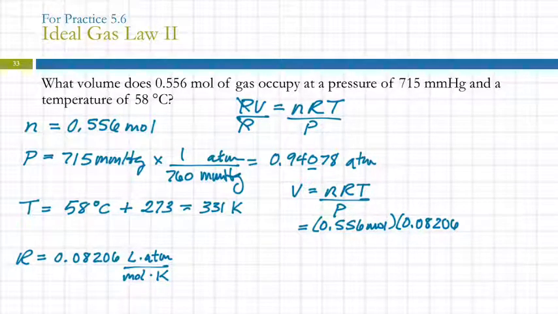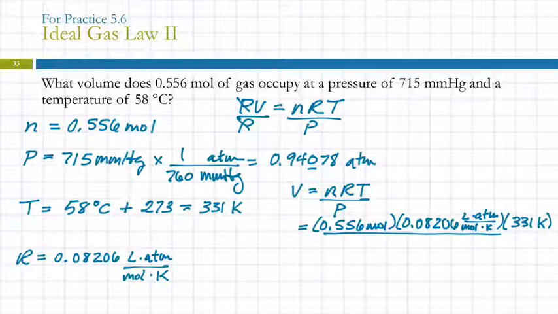0.556 moles, 0.08206 liter atmospheres per mole Kelvin, and 331 Kelvin, divided by the pressure in atmospheres.